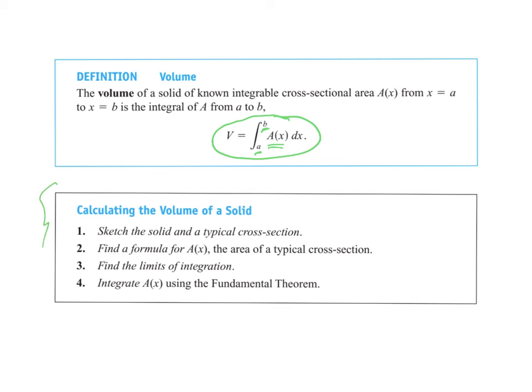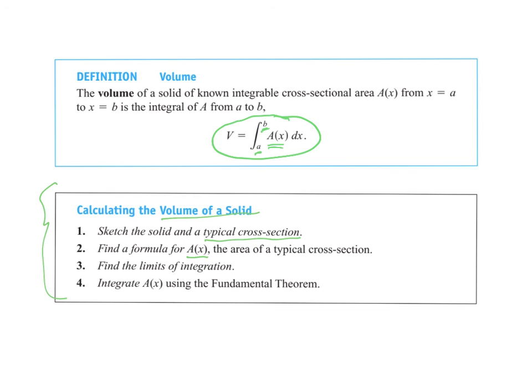This last little box down here just summarizes how to get all the way to the volume. We do need a sketch of the solid and the typical cross-section. In this video, I tried to give you the sketch of the solid, or at least the mock-up for the solid, and then I drew the cross-section. From there, we found the formula for area, A of x.